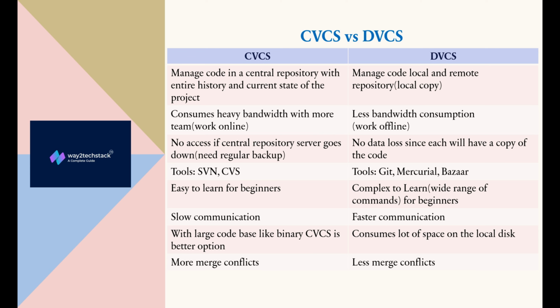When do we go for CVCS? As I told you, when you are planning to develop software with large binary code, it is preferred to use CVCS rather than DVCS. Everybody has to plan proper disk space in their system when using DVCS, but not in the case of CVCS. And in CVCS, we will have a lot of merge conflicts compared with DVCS.